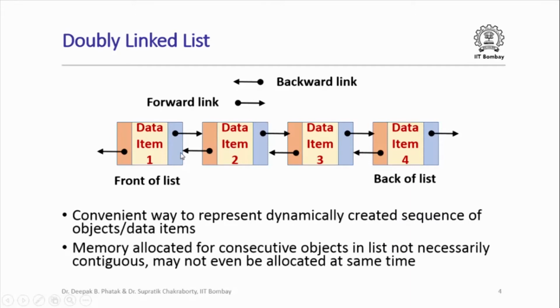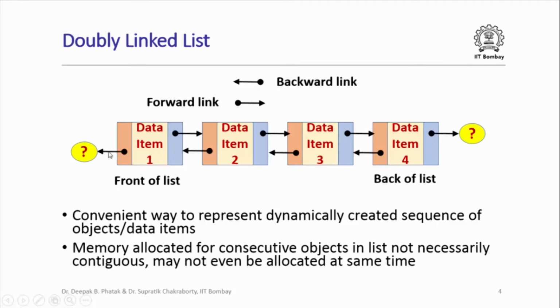Now, doubly linked lists are actually a very convenient way to represent dynamically created sequences of objects or data items. The memory allocated for consecutive objects in the list are not necessarily contiguous, and they may not even be allocated at the same time. Now, what would happen to the previous element link or pointer of the front of the list, and what would happen to the next element link or pointer of the back of the list?